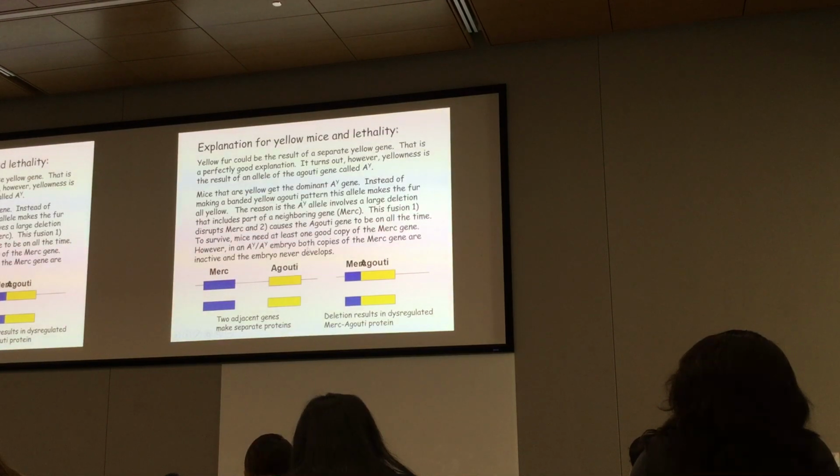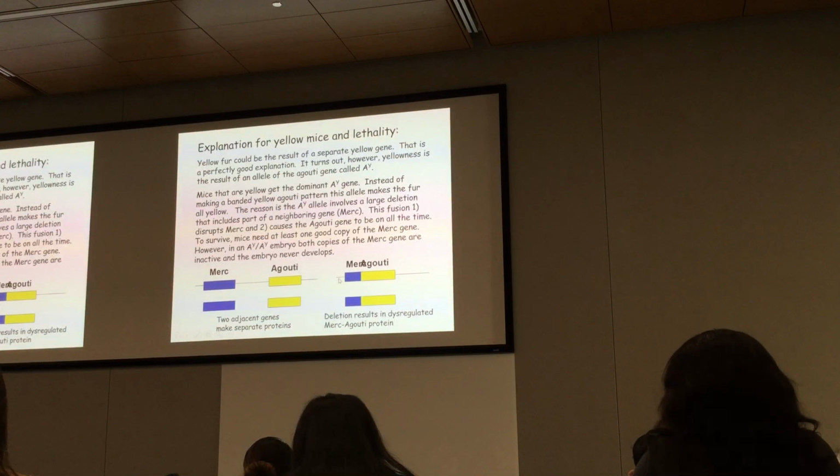And if you have two copies of this AY, and then another one just like it, you don't produce Merck at all, and Merck is required. It's essential. So being AY means you have no ability to produce Merck, and you need that for development. You don't have it, and so that's why it's lethal.